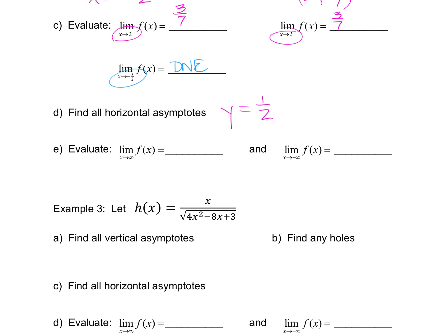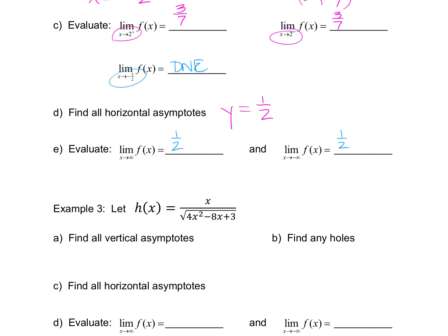Horizontal asymptote. So what's the answer to both of those? 1/2. So without graphing anything, if you know what part of these equations you're talking about, the hole, the vertical asymptote, the horizontal asymptote, and behavior, you can answer these very, very easily.